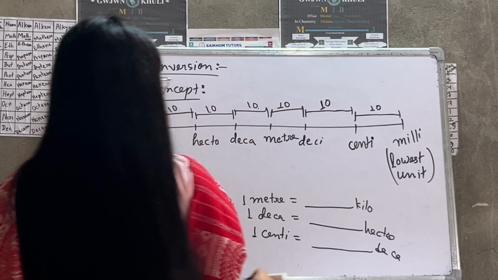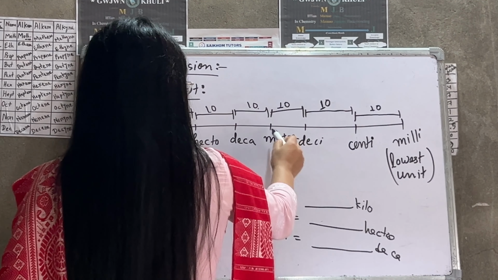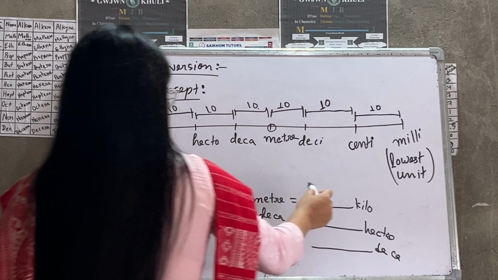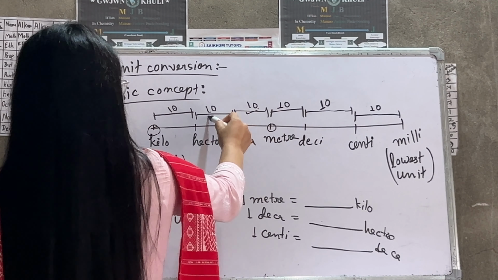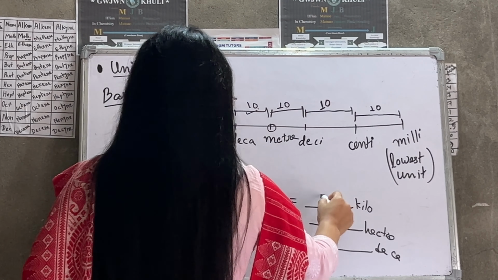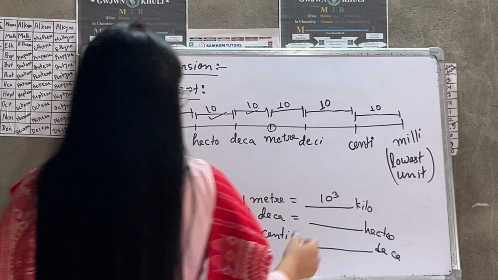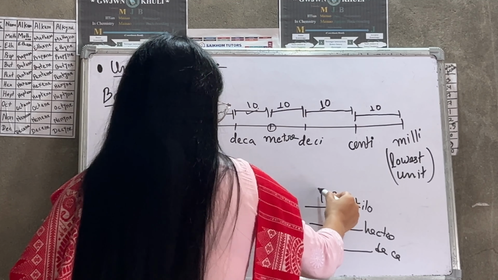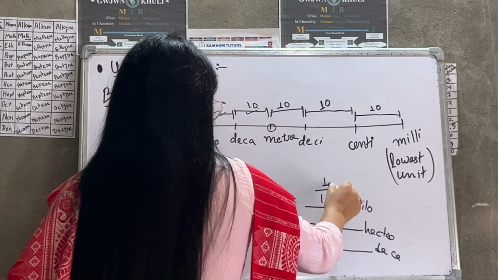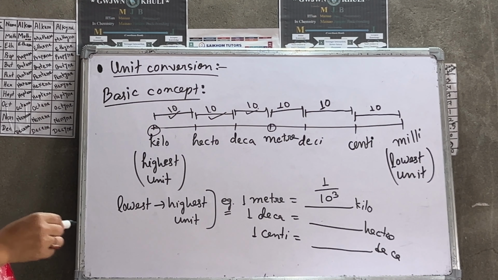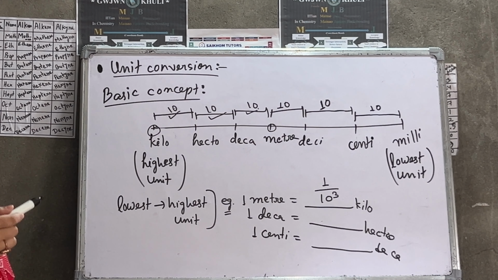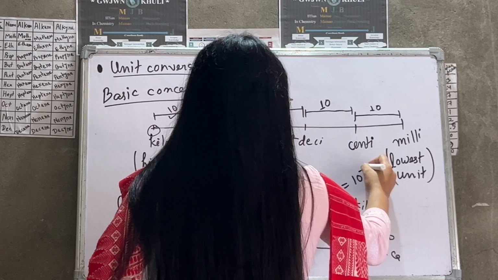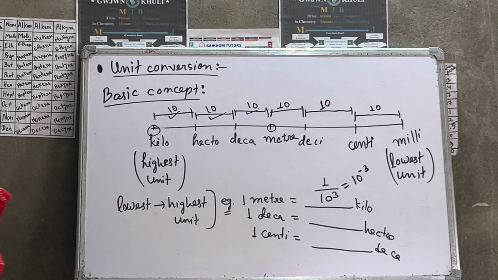From meter to kilo, the difference is 1, 2, 3, which means 10 to the power 3. But kilo is the highest value, so we need to divide: 1 divided by 10 to the power 3, which we can write as 10 inverse 3.